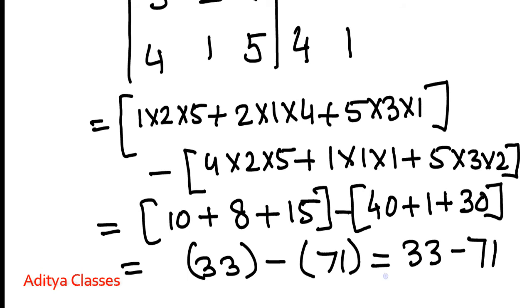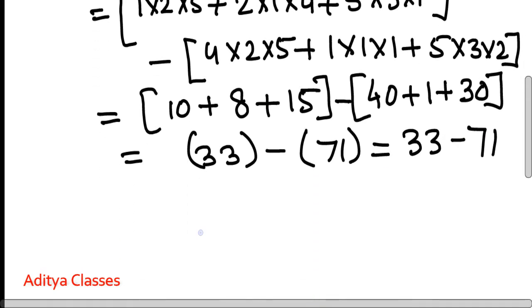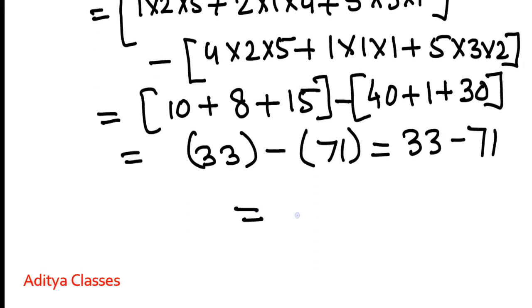And this would give me 5 3s are 15, 15 2s are 30. So I get 10 plus 8, 18, 18 plus 15, 33 minus 40 plus 1, 41 plus 30, 71. Minus 71. If we remove the brackets, we get 33 minus 71. So what is the value of the determinant finally?